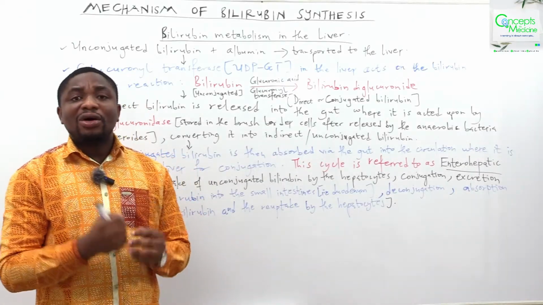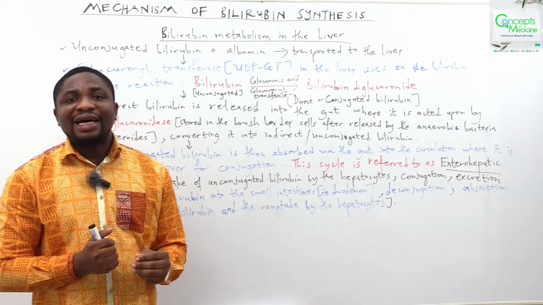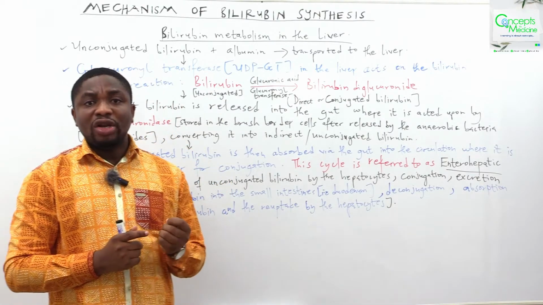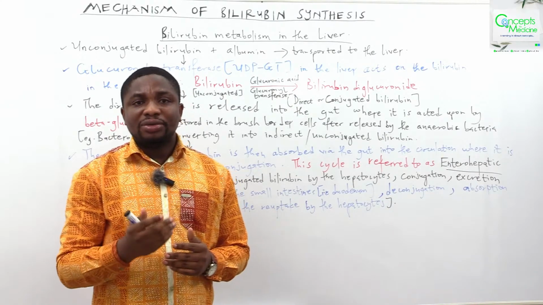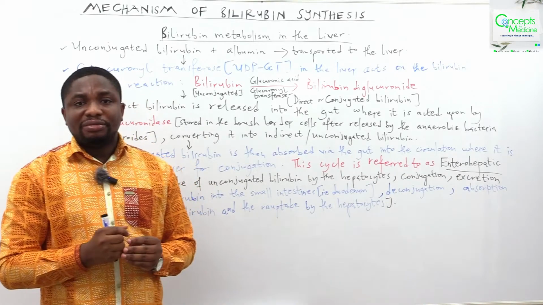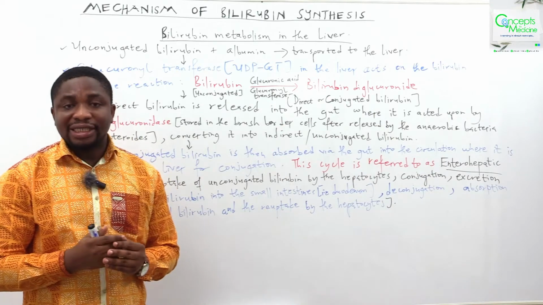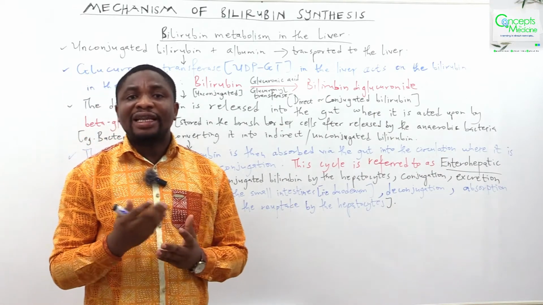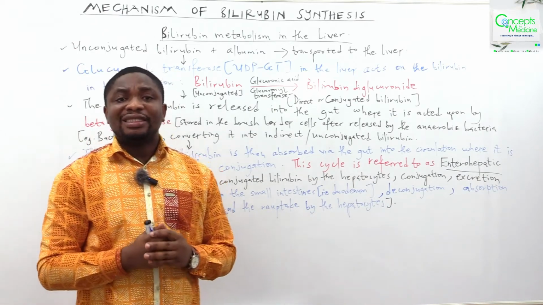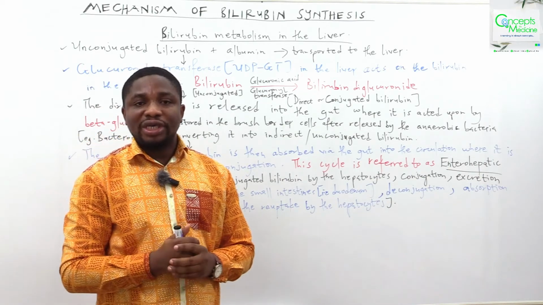Note that unconjugated bilirubin or indirect bilirubin is lipophilic, and the gut is also lipophilic. Conjugated bilirubin, or bilirubin diglucuronide, is hydrophilic. So the unconjugated bilirubin is absorbed via the gut, since it is lipophilic, like dissolving like, into the circulation, where it is carried to the liver for conjugation.